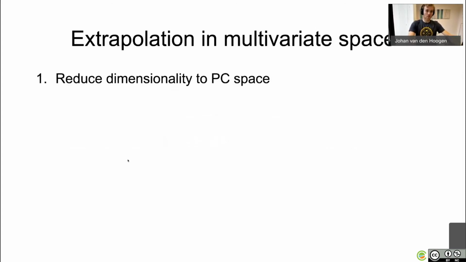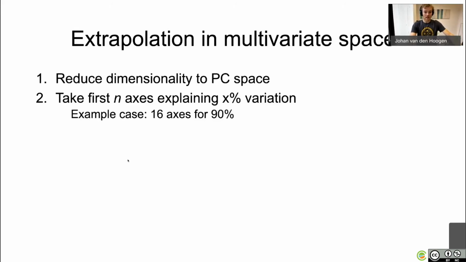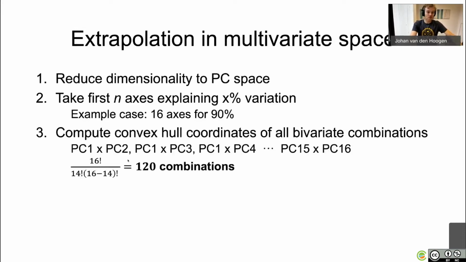To approach this, we came up with a methodology where we first reduce the dimensionality into PC space. We take the first so many axes explaining a set percentage of variation. For example, in this case I would use 90% of variation explained, which needs 16 axes. Then we compute the convex hull coordinates of all the bivariate combinations of the PC axes.